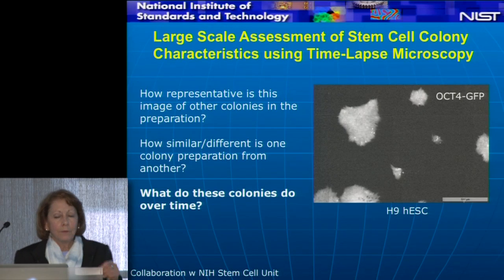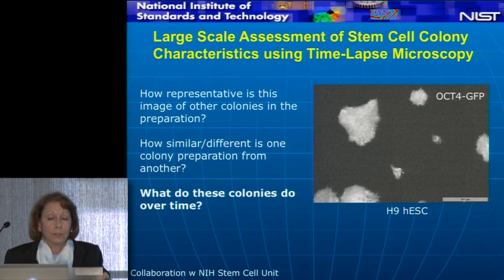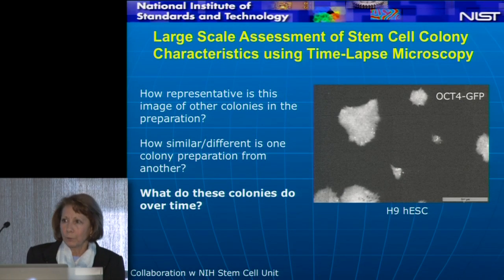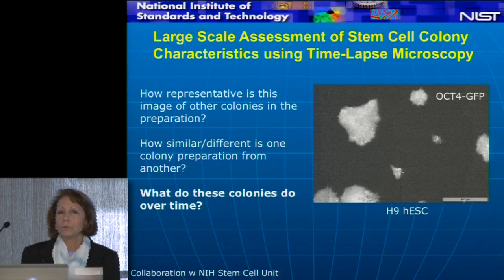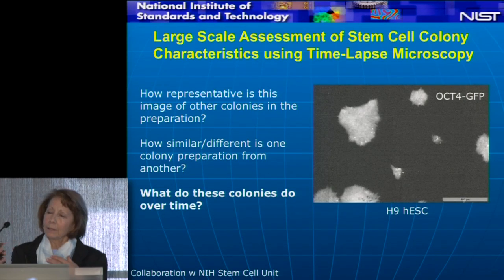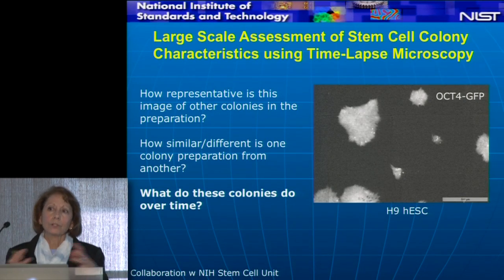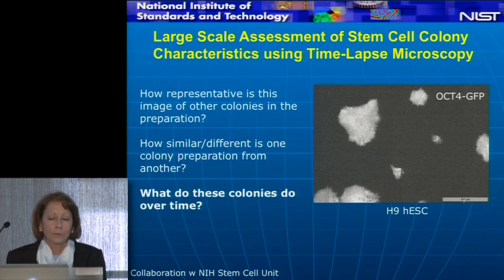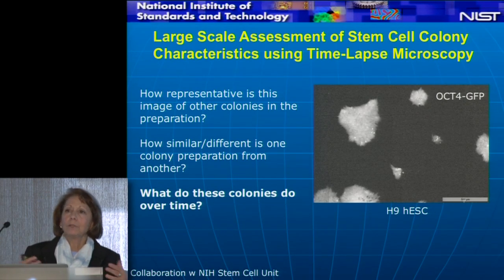So that has partly motivated this next study that I want to tell you about, which is using time-lapse microscopy to look at very large numbers of colonies and compare them to one another, both to compare colony to colony, but also preparation to preparation, and then also to be able to examine these colonies over time.